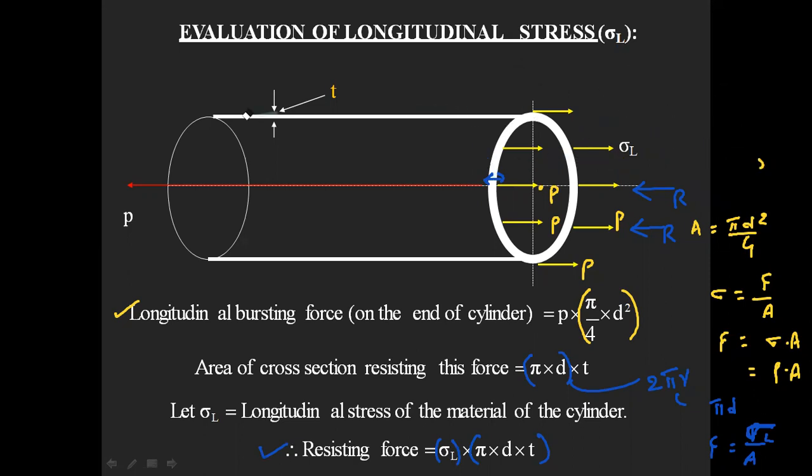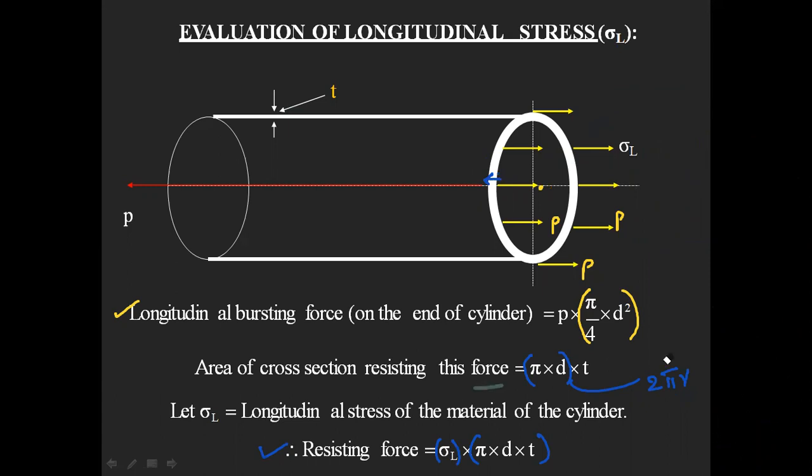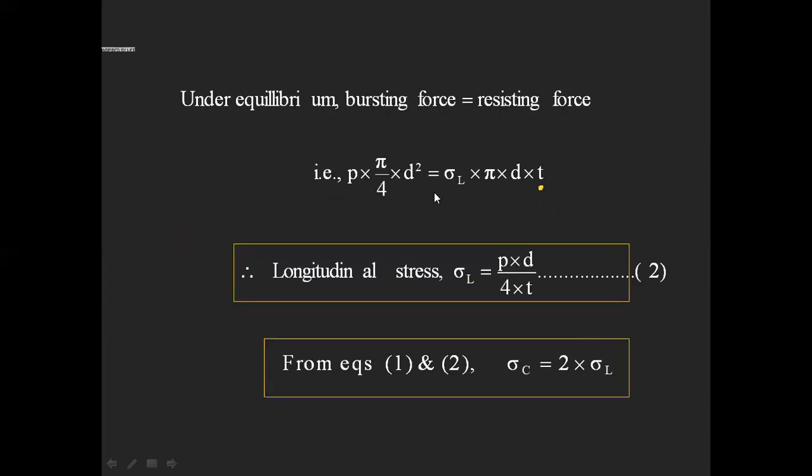Let me erase this. Equate these two, what will you get? The bursting force is p into pi by 4 into d square. Sigma l into pi into d into t is your resisting force.